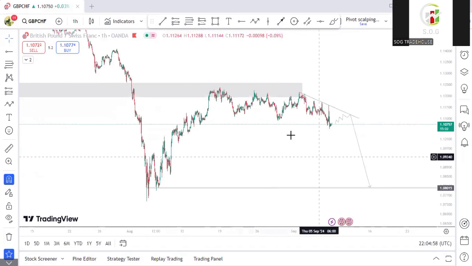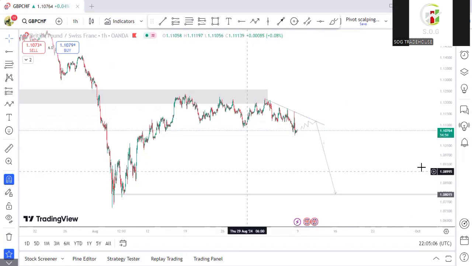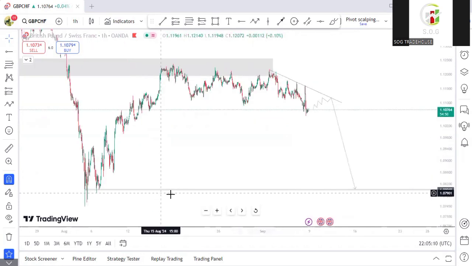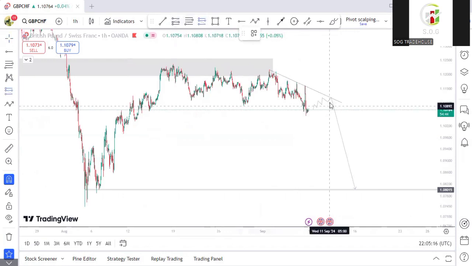So what are we waiting for? We're just waiting for a retracement back to this trend line and to get our candlestick pattern to continue with the sell move to the downside. And our take profit will be this low over here. So let me just put this here.